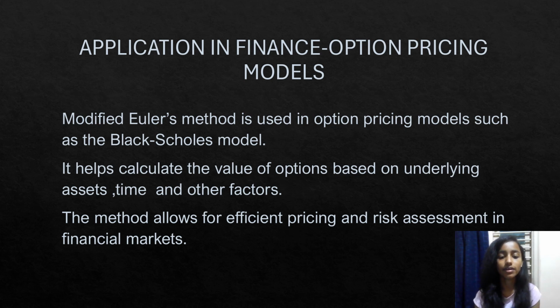Modified Euler's method is relatively straightforward to implement in option pricing models, making it accessible to a wider range of practitioners. European option pricing is also available here. Modified Euler's method can be utilized to calculate the fair value of European options where the underlying asset can only be exercised at expiration.